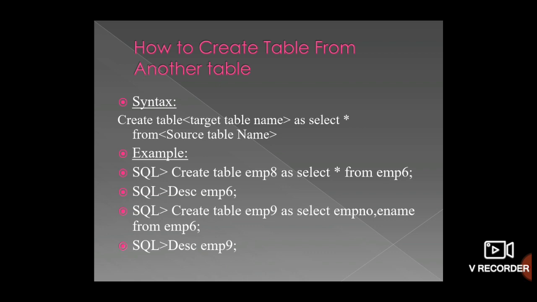Now you are going to learn how to create a table from another table. You had already created a table, and by using that table you are going to create another table. For that we have a syntax: create table target table name as select star from source table name. The target table is the new table we are going to create.